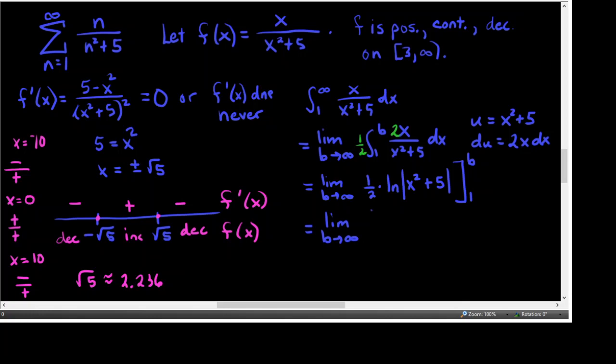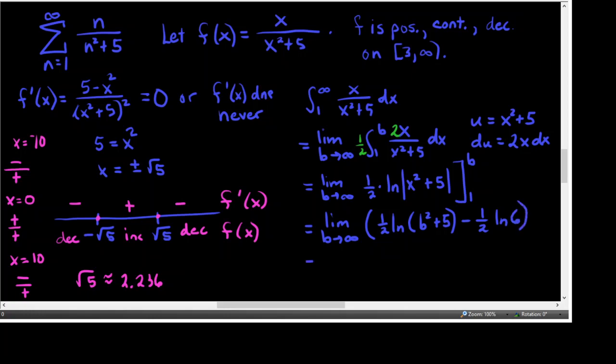All right, so this is going to be 1/2 of the natural logarithm of b squared plus 5. I don't need the absolute value because x squared plus 5 cannot be negative, and that and 0 are things that we want to avoid, and that won't happen with x values between 1 and b, which is headed towards positive infinity, minus 1/2 natural logarithm of 1 squared plus 5, which is 6.